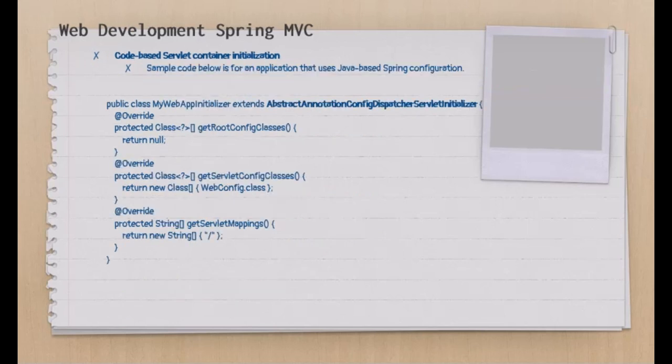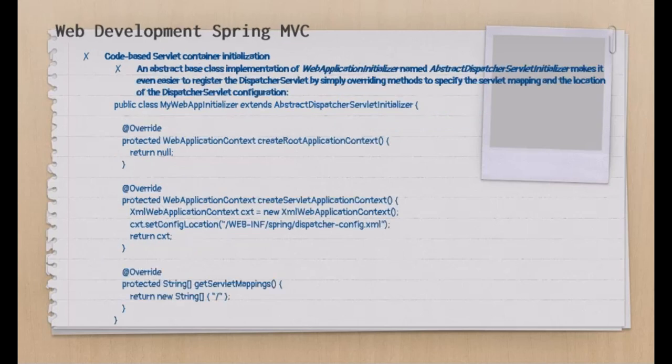So finally, we have reached where we can have a Java-based Spring configuration. Here, another abstract implementation called the AbstractAnnotationConfigDispatcherServletInitializer is extended. If you go back one slide, it was the AbstractDispatcherServletInitializer. So if you still are happy with having bean definitions in an XML file, you will be extending the AbstractDispatcherServletInitializer.